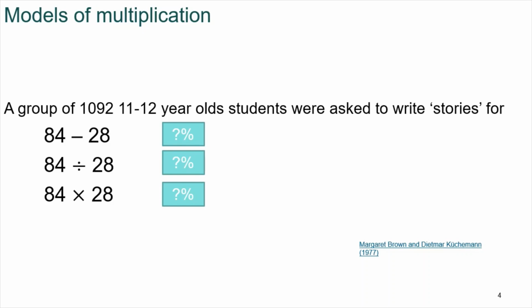So, there was some research done, and it's quite dated, 1977, I've cited it here, where a group of 11 to 12-year-olds were asked to write stories for these different calculations. And I wonder if you might take a minute to just think what percentage of students could do these for the different types of problems that are there.